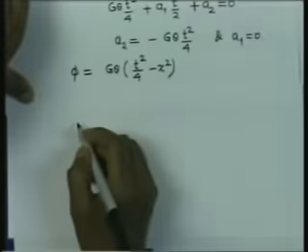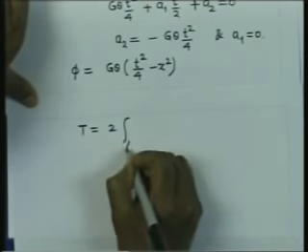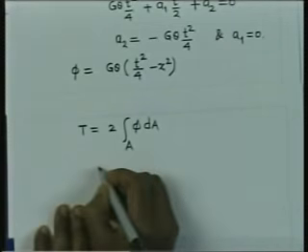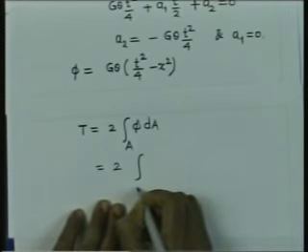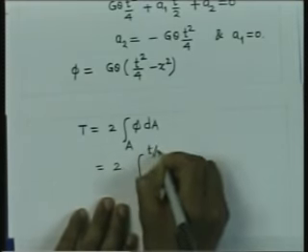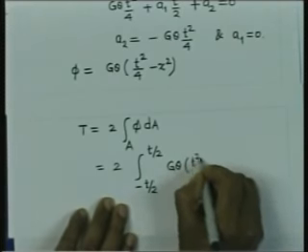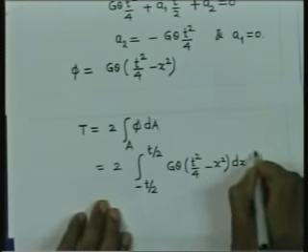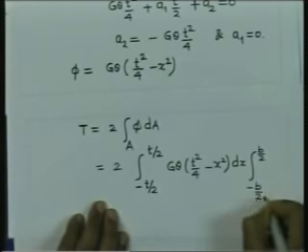So, if we consider that relationship, we have T equal to 2 times the integration of phi over the area, and this therefore means that we have to do the integration from minus t by 2 to plus t by 2 of g theta into t square by 4 minus x square dx, and the integration over y from minus b by 2 to plus b by 2 dy.